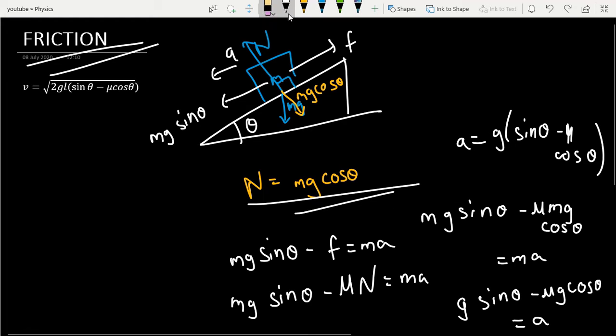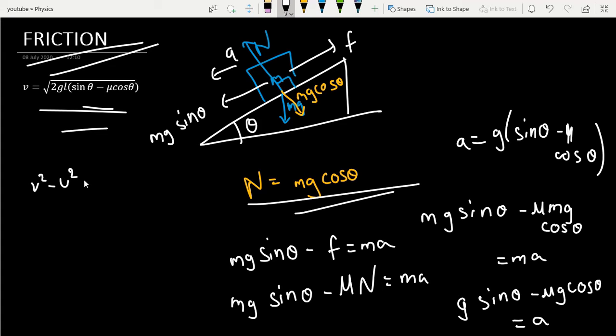Now similarly we can derive the formula for velocity, because we know the three equations of motion. v square minus u square is equal to 2as. Here we can take v as v, u will become 0 because it's starting from rest, acceleration will become this, let's take it as a, and s will become l, where l is the length of the inclined plane.